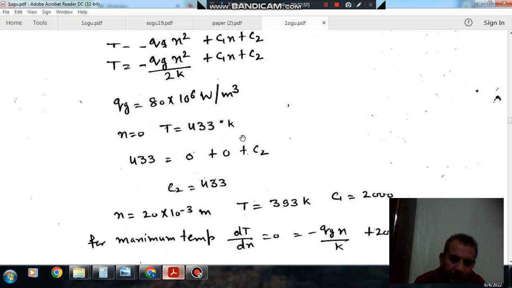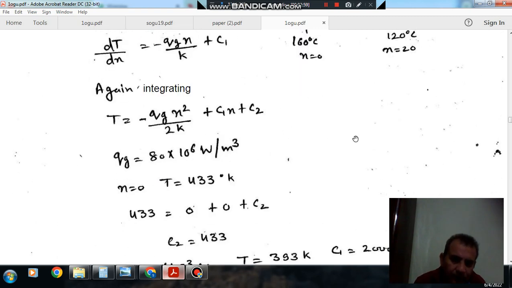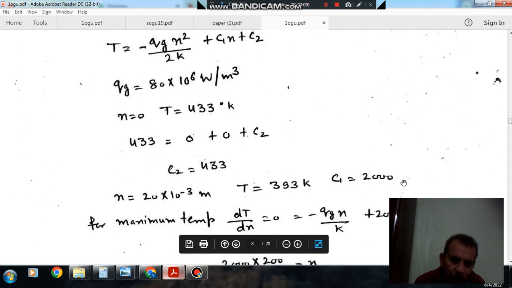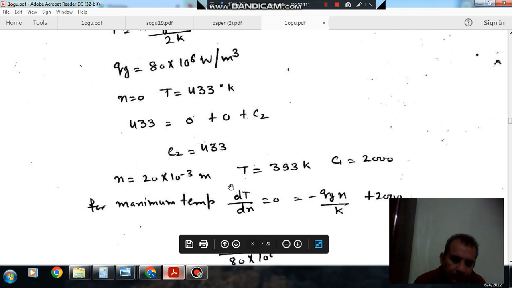Now we put x equal to 20 mm, and converting it into meters, 20 into 10 power minus 3 meter. So T is 393 Kelvin.